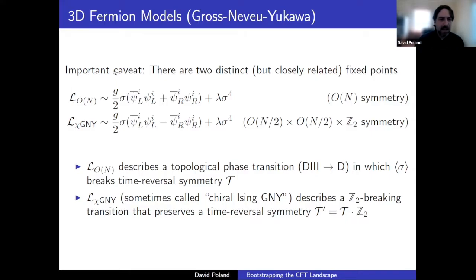The other model, which is sometimes called the chiral Ising GNY model, describes a Z2 breaking transition that preserves time reversal symmetry. So they describe different physical scenarios and have different potential applications. But they're quite closely related.